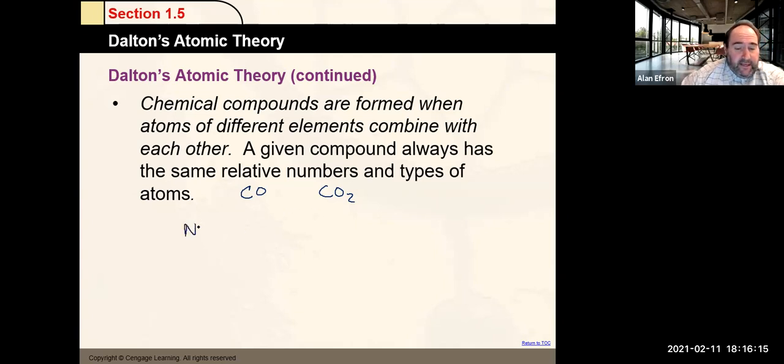Same if you did something like NO2, which is nitrogen and oxygen, you could take N2O, which is still nitrogen and oxygen. And again, although they are made up of the same elements, they do have some different properties associated with them.